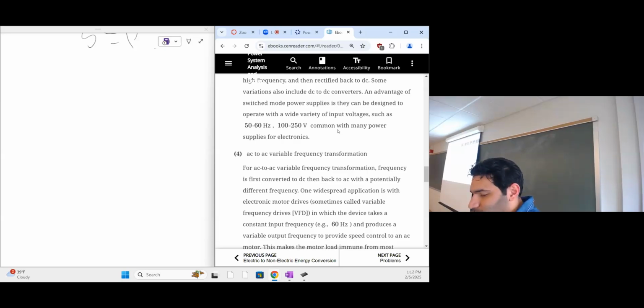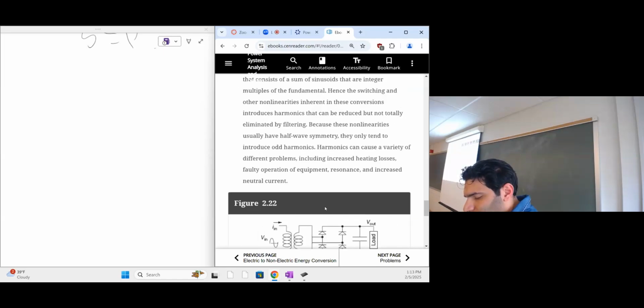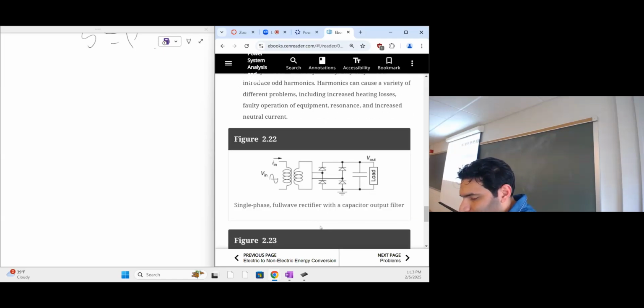Another way to make the transformation, but that won't be a variable frequency probably, is the transformer, the famous transformer, okay? Because we are just changing the voltage from one level to another, but it's still AC. So I think this is all what we need to know from this section.